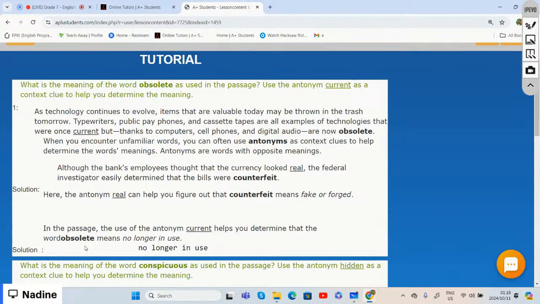So when we look at this passage, we see the use of the antonym current.